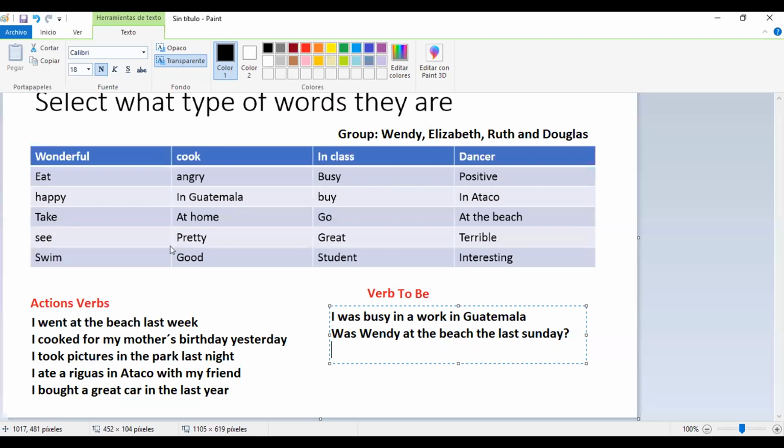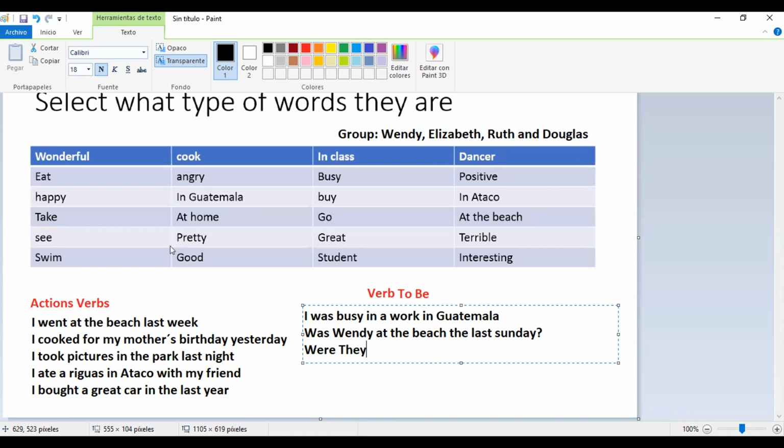We, you, they, or where? The teacher said no put the verb to be.